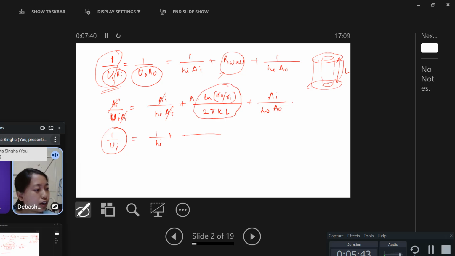You have to multiply with Ai since I have multiplied Ai throughout the whole equation. Ai can be written as 2 pi rL, or pi dL simply. 2 pi kL, so 2 pi L gets cancelled, plus Ai is 2 pi rL h naught.